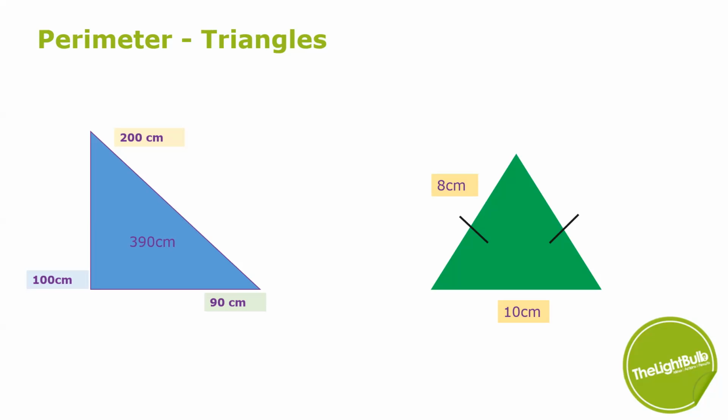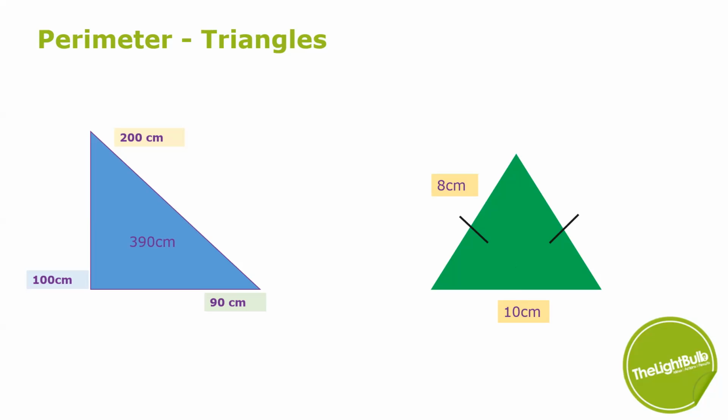Now, what those lines mean is that the triangle is like a mirror reflection of itself, really. So we can almost imagine there's a mirror running down the triangle from the top straight through to the bottom, and each of the two sides on the left and right are a mirror reflection.